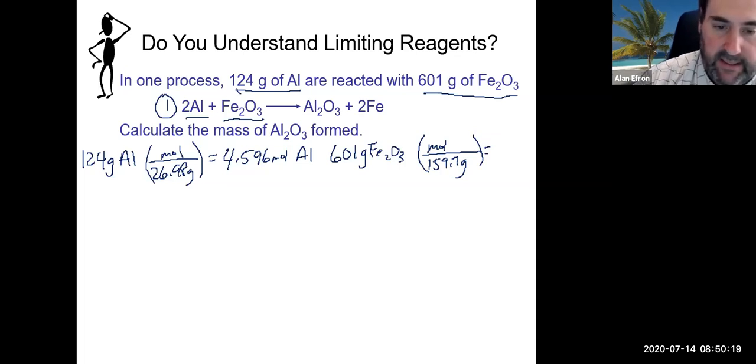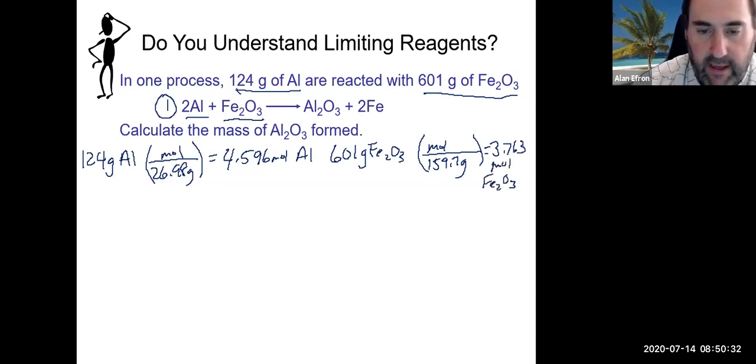So 601 divided by 159.7 gives us 3.763 moles of our iron 3 oxide. So the opening part here is pretty standard no matter what way you do it.